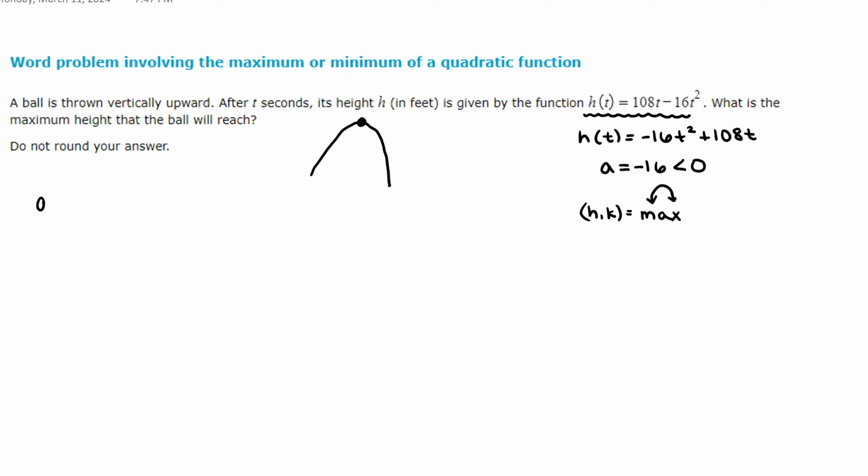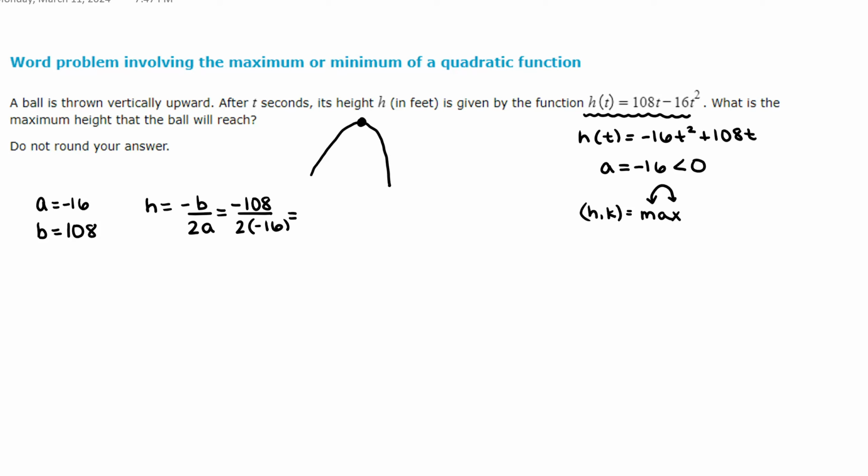So our a value is negative 16 and our b value is 108. So we need to do for h, negative b over 2a. So that's negative 108 over 2 times negative 16.